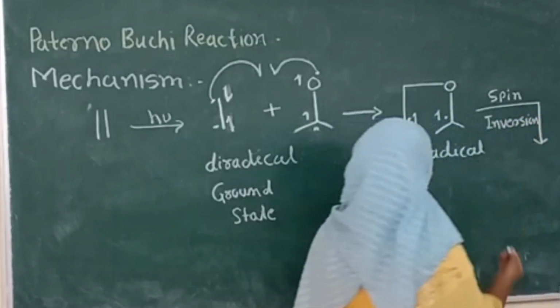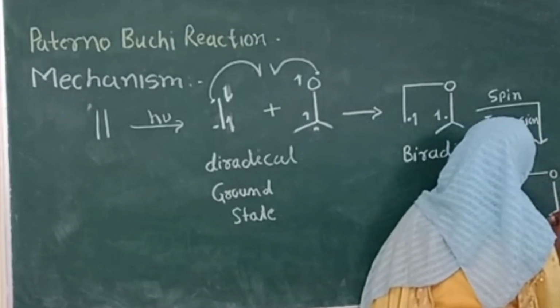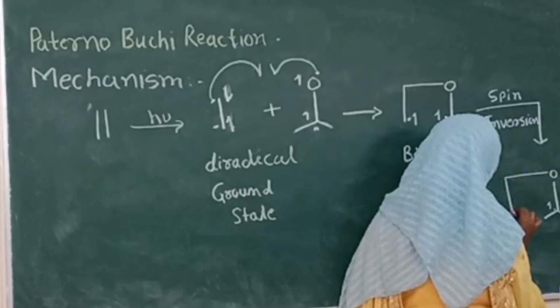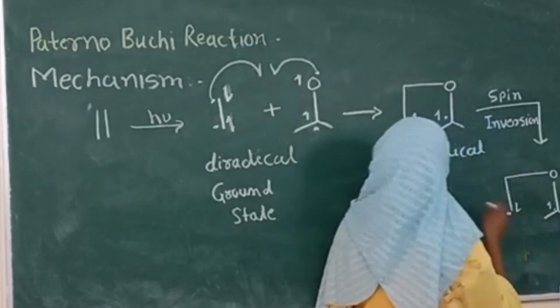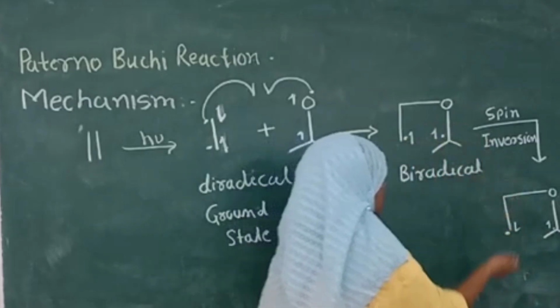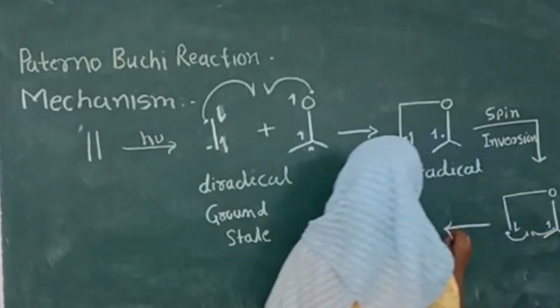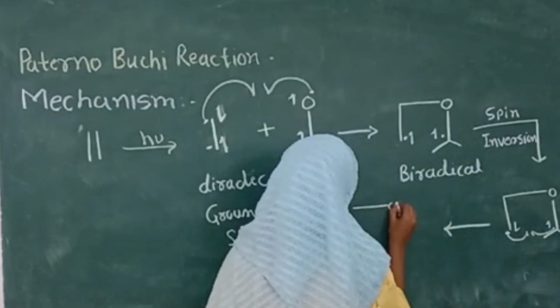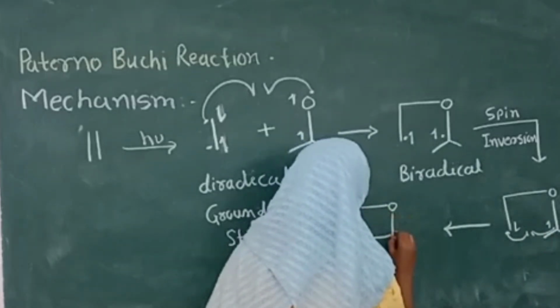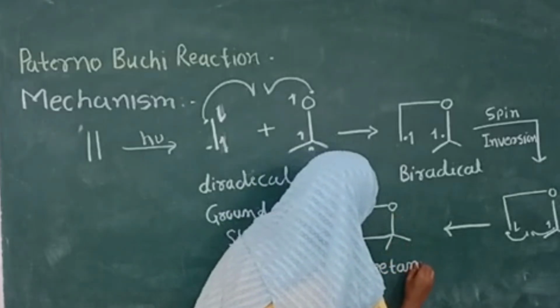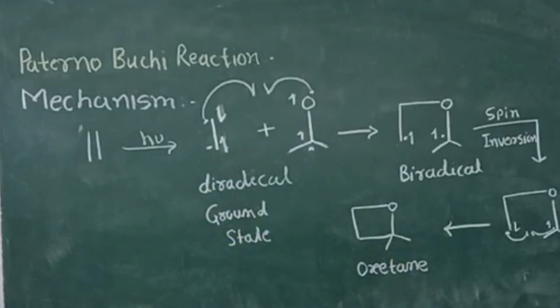After the spin inversion, this upward spin is changed to downward. Then after bond formation, lastly we get our product, which is an oxetane. After some time, we discuss the example.